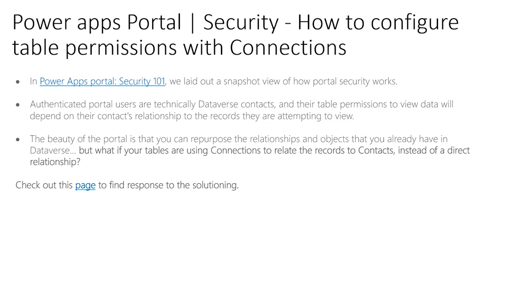So what this article talks about is, what if your tables are using connections to relate the records to contacts instead of that direct relationship? And so this goes through how to configure those table permissions when using connections in that instance. So if you're using connections, definitely take a look at that to see how to configure it.